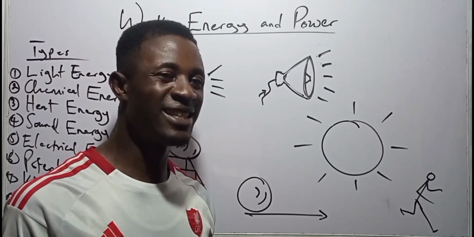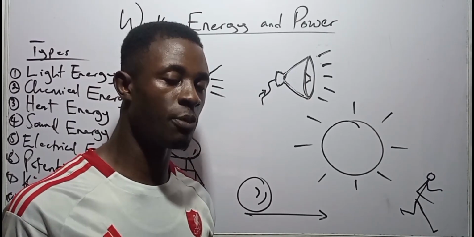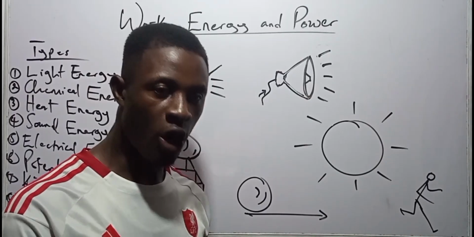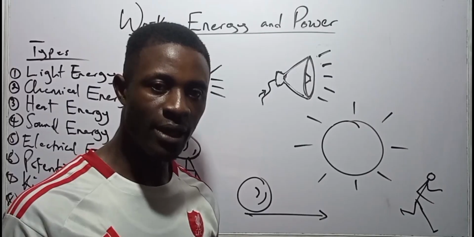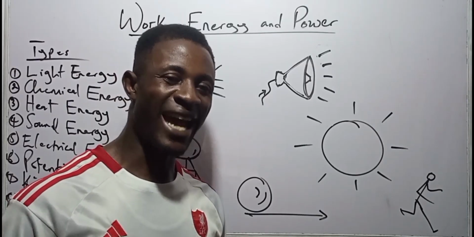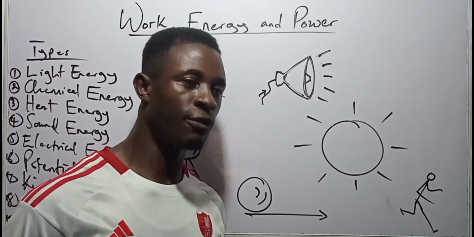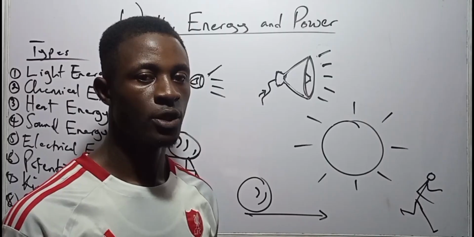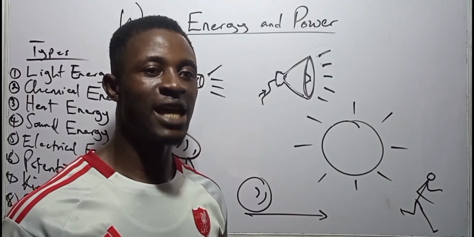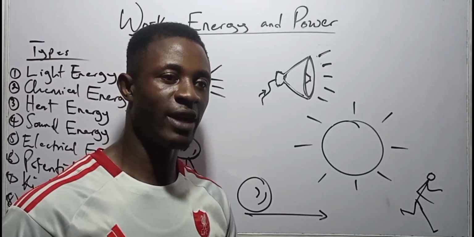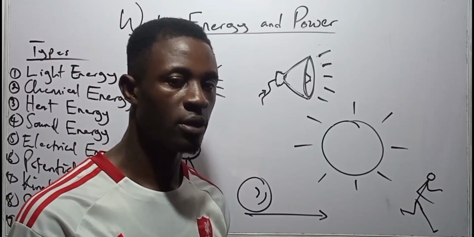The food that you eat gives your body chemical energy, and that chemical energy helps you to walk, to jump, to play, to skip, and to do a lot of other things. So the energy that you derived from food is helping you to do some work. Any object that has energy in itself can work. Any object that does not have energy in itself cannot work.